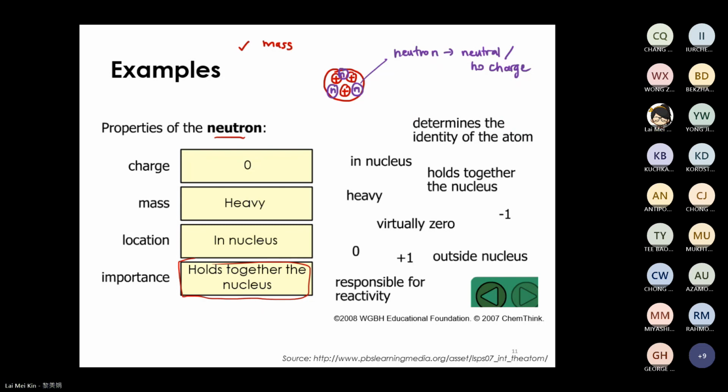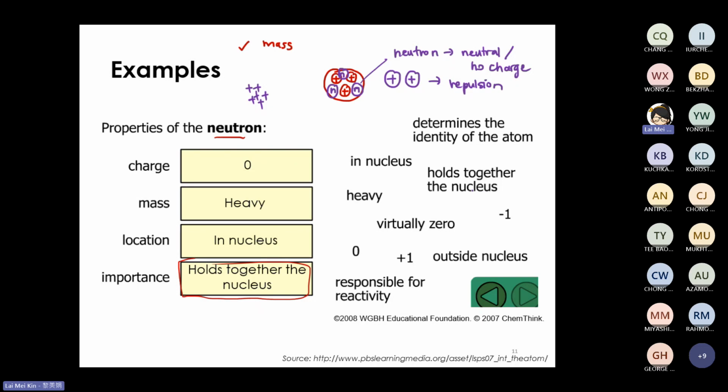Attracted? If your nucleus only has protons, what happens? Maybe like repel. Okay, if the same charge, repulsion. Okay, if your nucleus only has protons, they will repel.